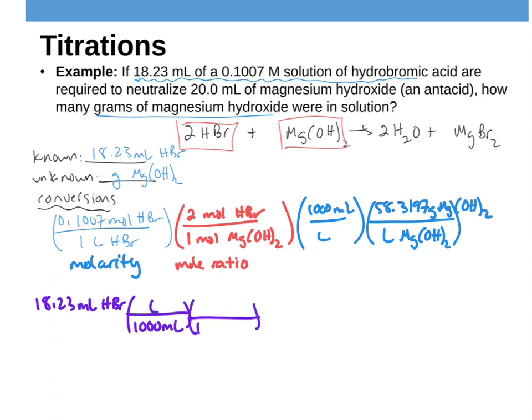Now that I'm in liters, I know that for every 1 liter of HBr there is 0.1007 moles of HBr. And here's where our balanced equations really come in handy. If I didn't balance my equation, I'd be off by a factor of 2 here, because it takes 2 moles of HBr to neutralize 1 mole of magnesium hydroxide.